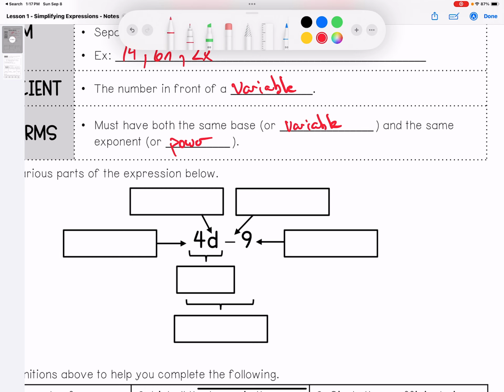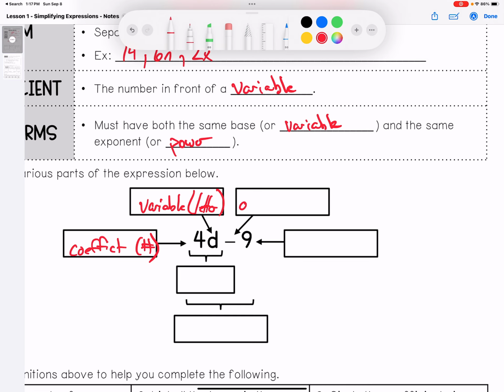All right, here we go. The number in front of the variable is the coefficient. That is the number. I'm going to write it, the number. The variable is the letter.